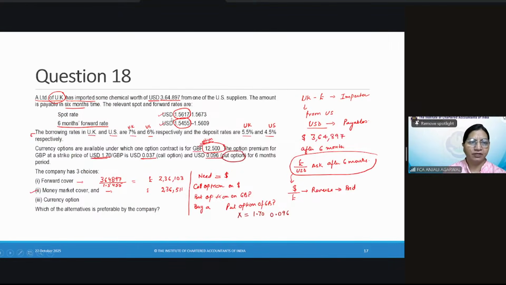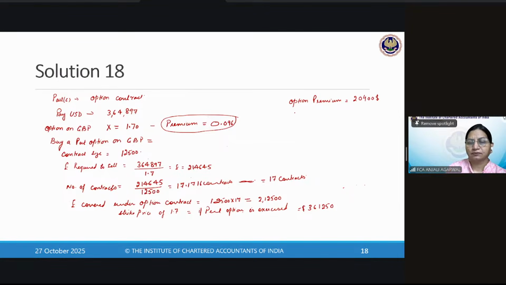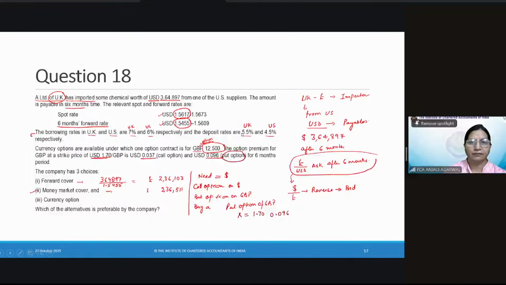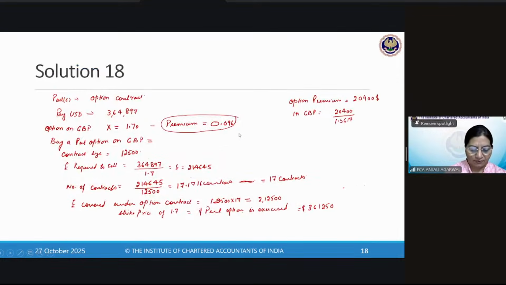But right away, if we convert it into pounds at the spot rate, 1.5617, into 13,062 pounds.